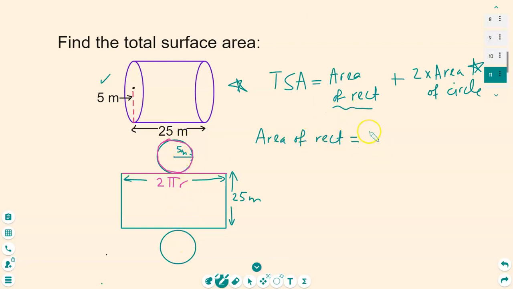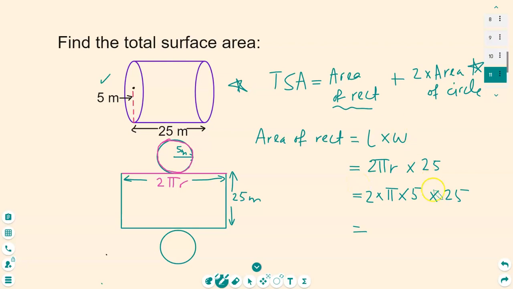Area of rectangle, length times width. The length is 2 pi r, which is interesting, times the width, which is 25. Now, what is r in this? So 2 times pi times the radius of the circle, which is 5.